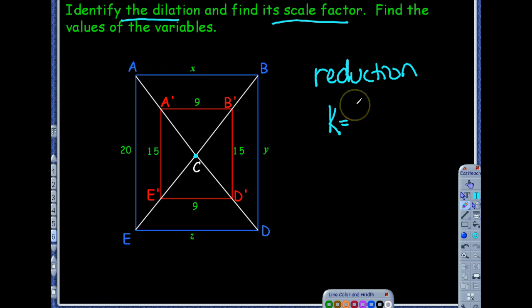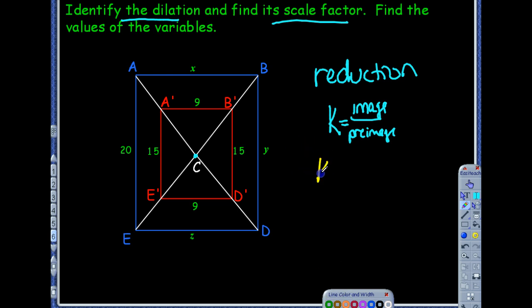Since they're not really saying that in the sentence, we do have to be careful, right? What do I always put on top? Just like when we go from C to C prime, you'll always start off with the image over pre-image. Always.